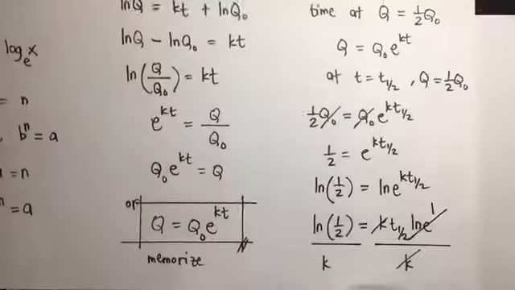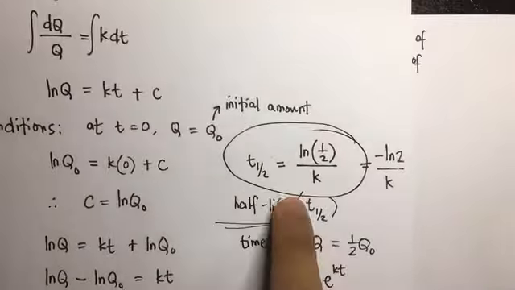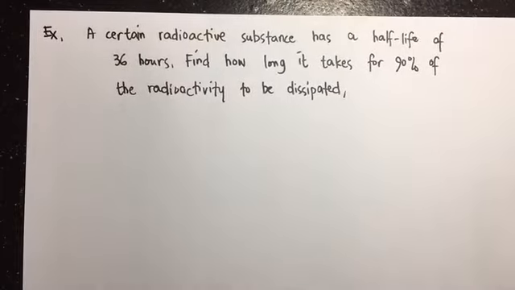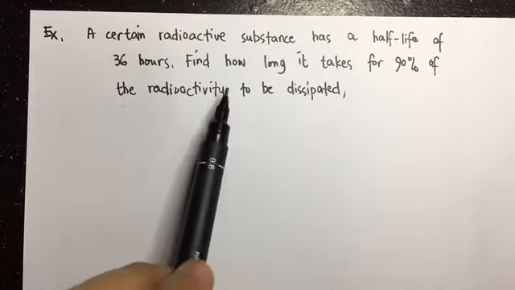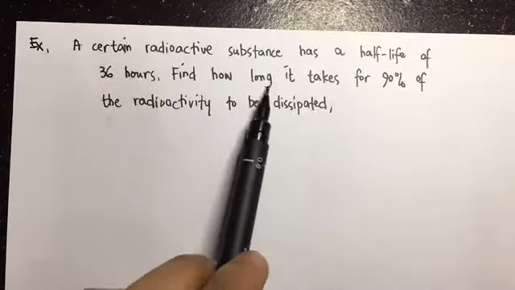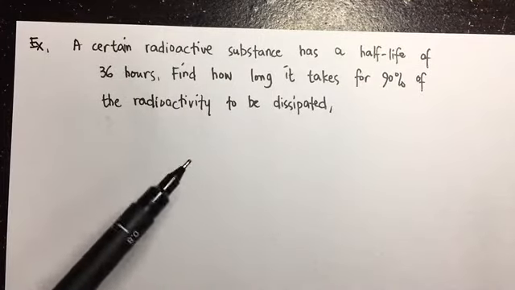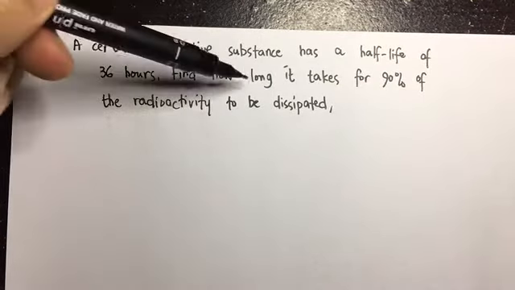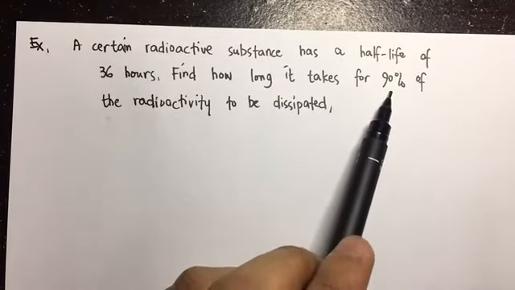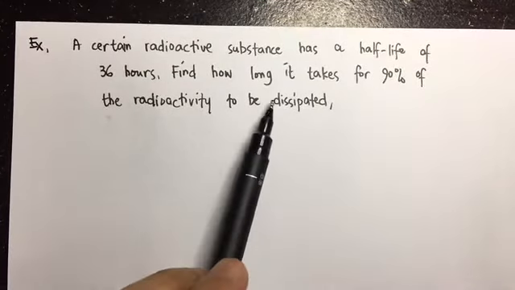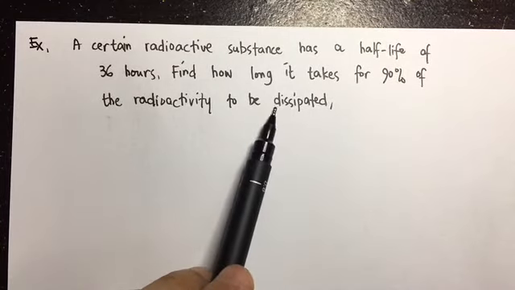Okay, so therefore it follows this, and its half-life is this. It is said that its half-life is 36 hours, and we are tasked to find how long it takes for 90% of the radioactivity to be dissipated. So how long it takes pertains to the time when 90% of the original amount is dissipated or gone.